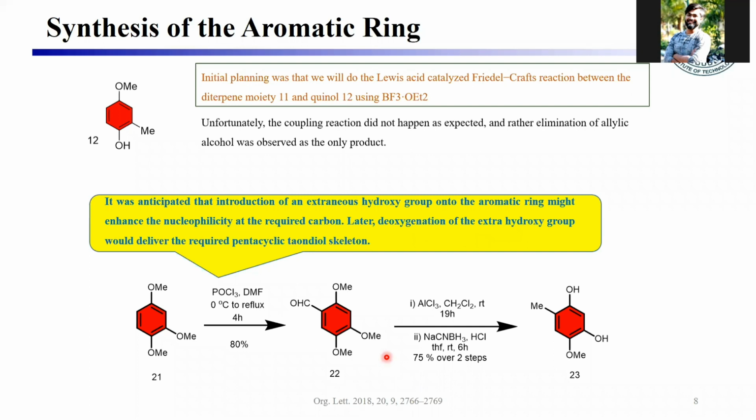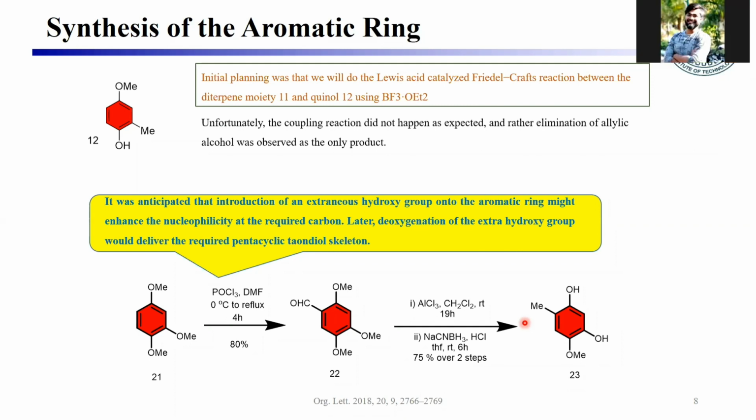If the pH is below 3, then it will reduce a ketone or aldehyde into an OH group. Last night I was discussing the same thing with Shubham, how sodium cyanoborohydride reduces CHO into a Me group. And we have no idea why they use this reagent here to reduce the CHO. But I will ask Professor Dethe. If he gives me an answer, I will definitely share it in our WhatsApp group.